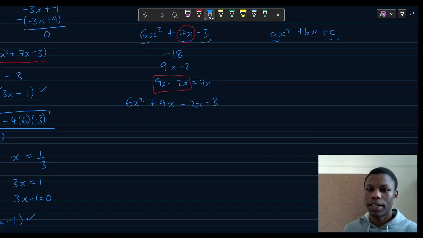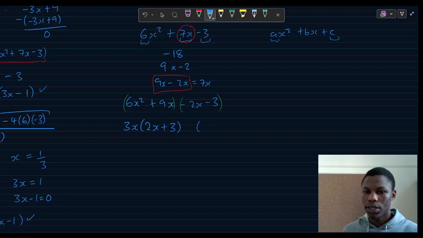And now we're going to factorize by grouping, which means factorize these two by themselves and then factorize these two by themselves. So if I factorize the first lot, I can factor out a 3x, and then I've got in the brackets here, that becomes 2x, and that there becomes a positive 3. And then for the second one, your inner bracket has to match the first bracket that you have.